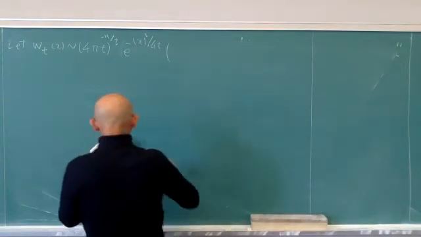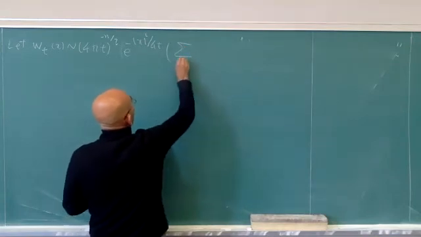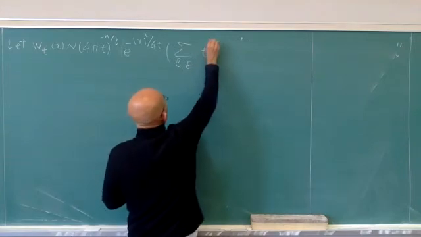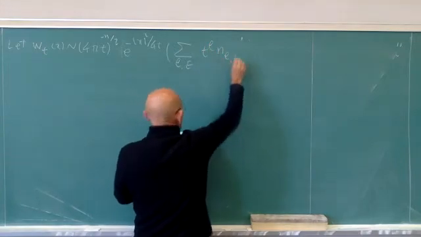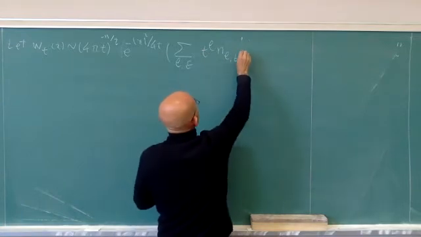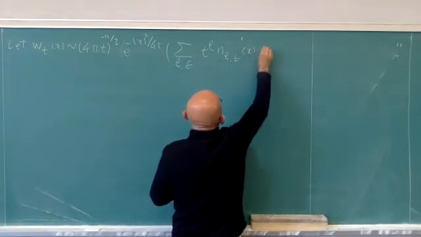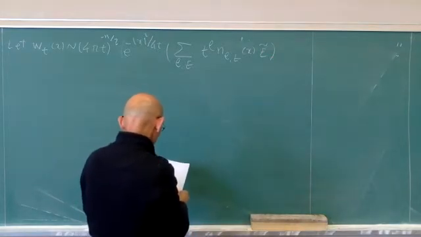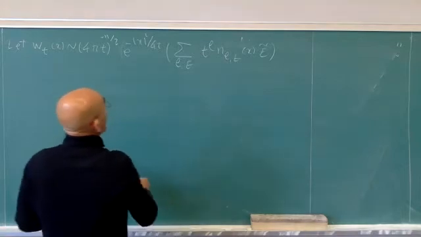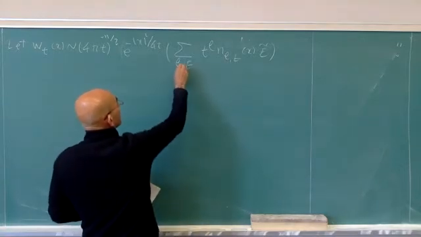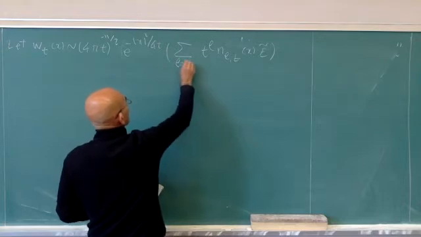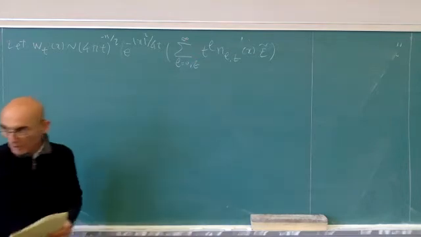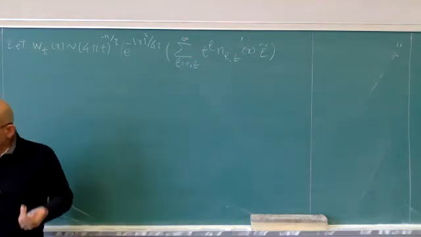This is equal to the sum over l and e, t to the l, and phi_{l,e} of x, e-tilde. I mean, l goes really from 0 up to infinity. And e is just the indexing of the basis of the Clifford algebra.